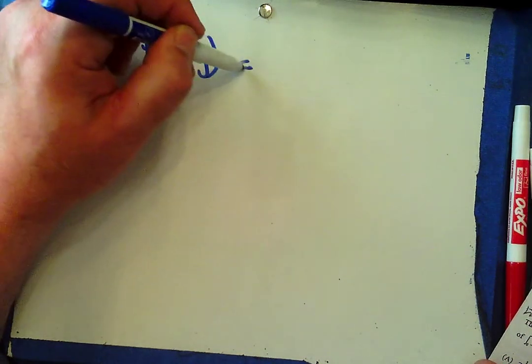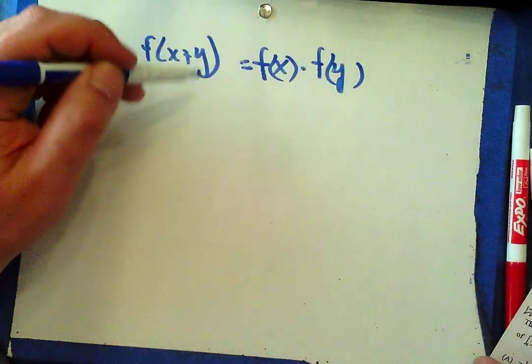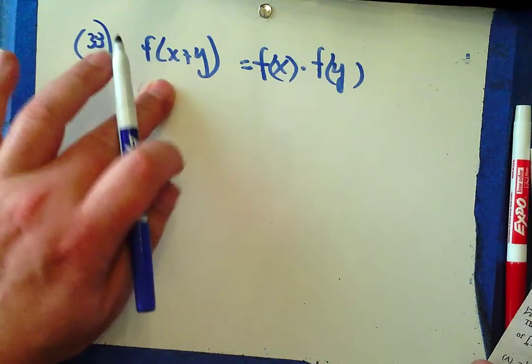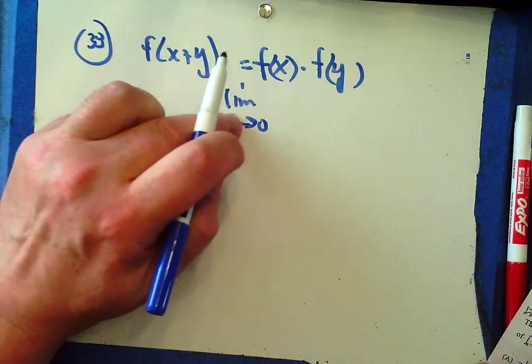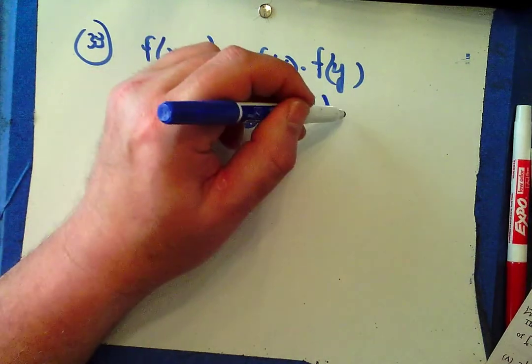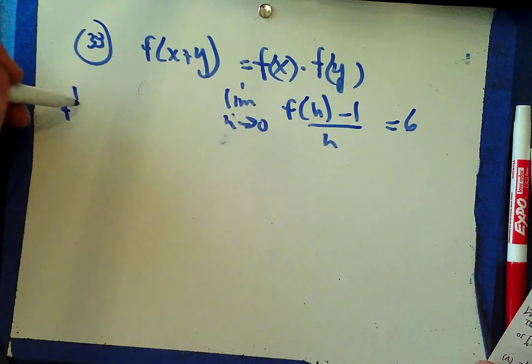And next we seem to have 38 squeezed in here. If f of x plus y equals f of x times f of y, and the limit as h approaches 0 of f of h minus 1 over h equals 6, then what can we say about f prime of x?